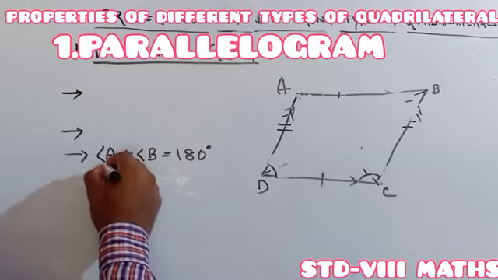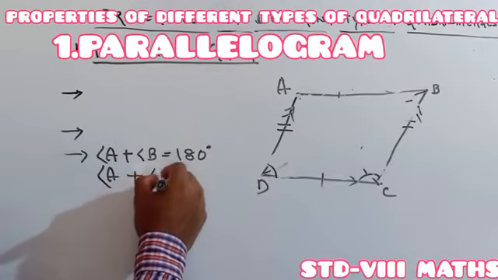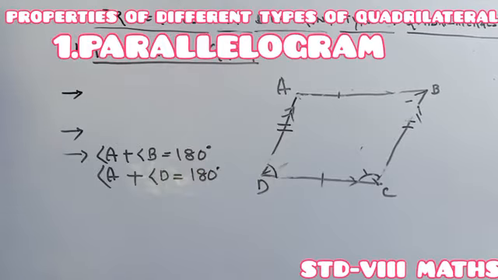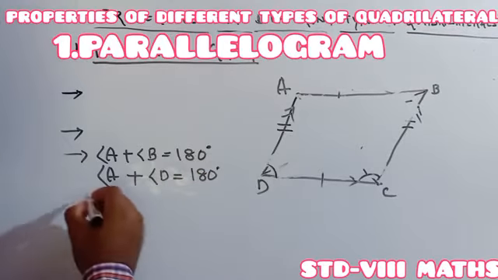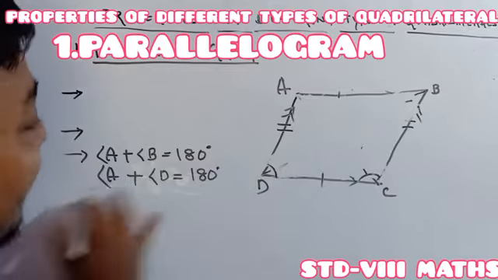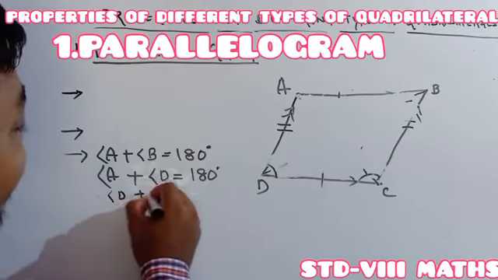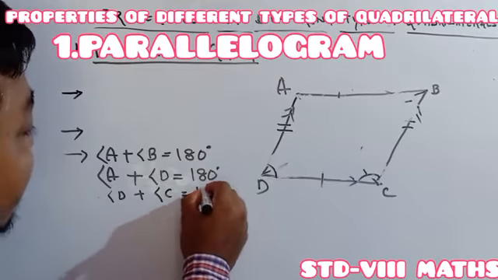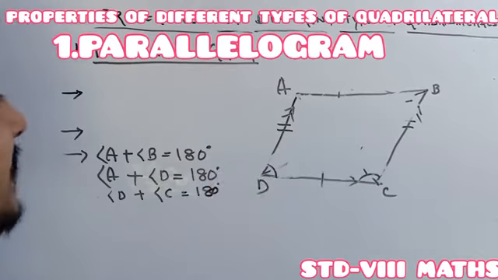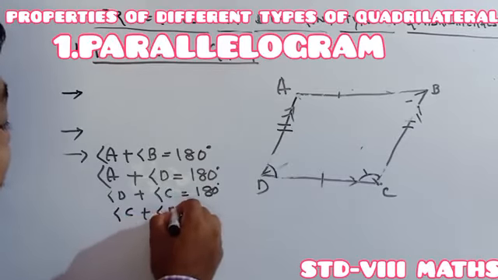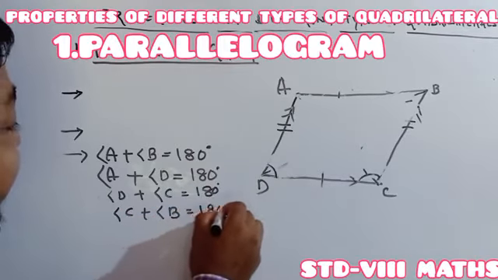Also I am saying that angle A plus angle D is equal to 180. Understood? Next, D and C also: angle D plus angle C is equal to 180. Also angle C and angle B, their sum is equal to 180 degrees.